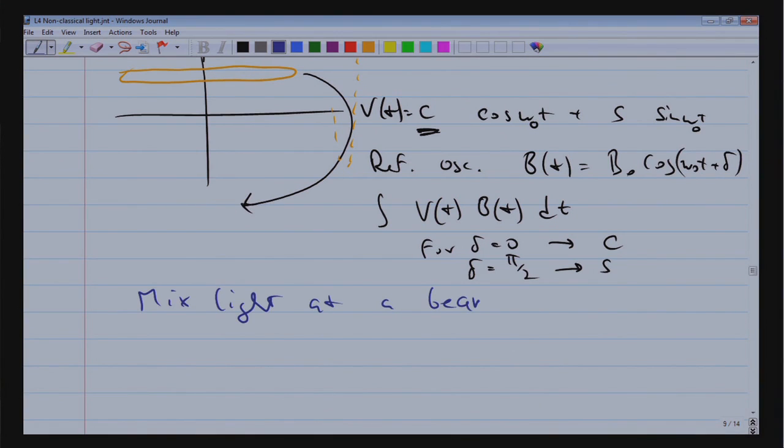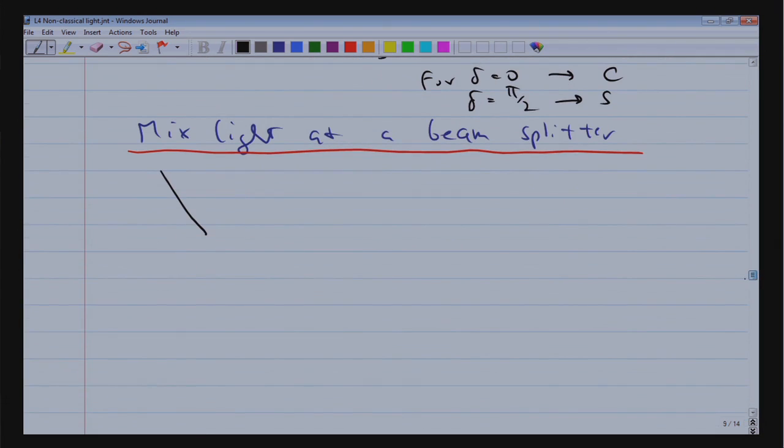So the device which does all that for us, after using so many words, I would say is disgustingly simple. It's really a half-silvered mirror. We'll talk about beam splitters a lot here because beam splitters perform wonderful unitary transformations, and we will exploit them for many purposes.